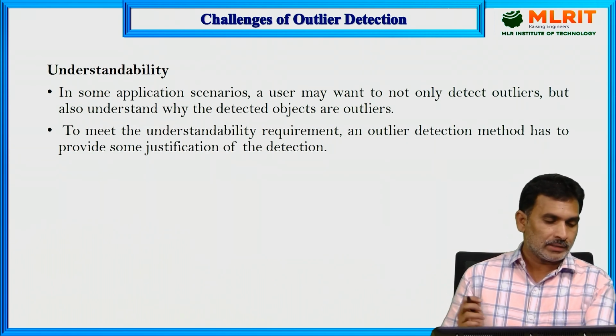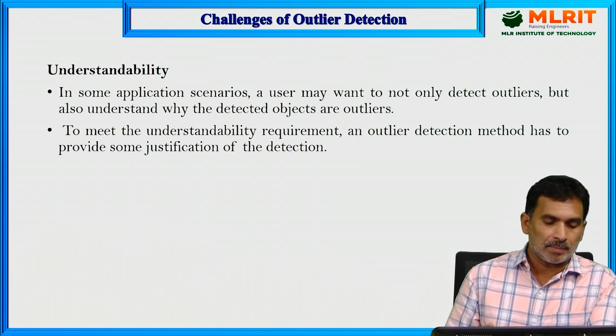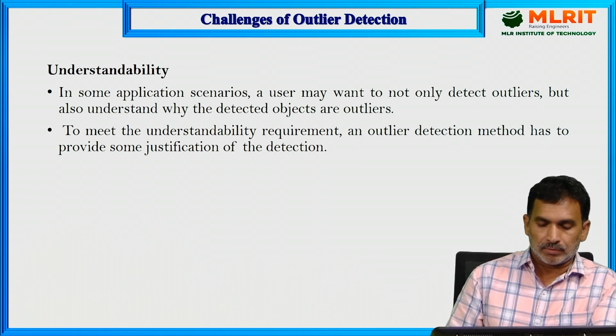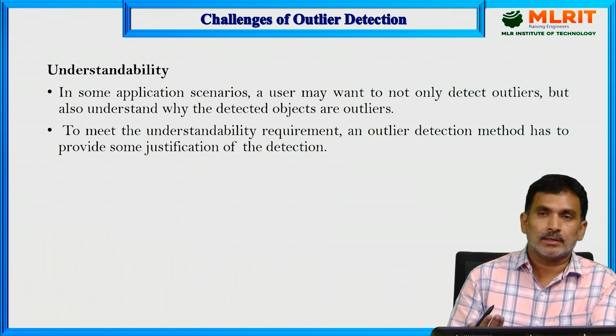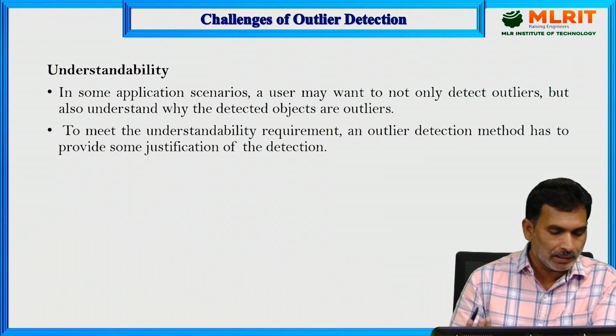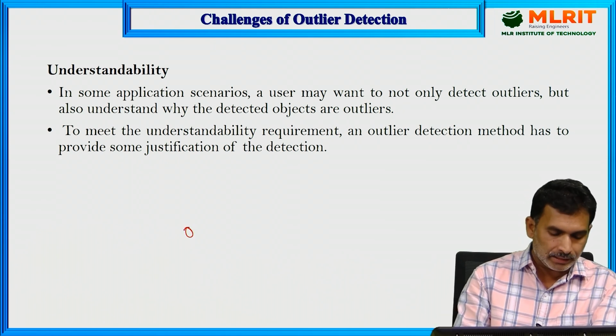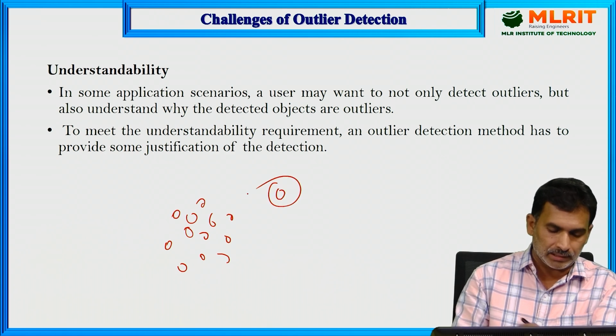Next, the challenge is understandability. In some application scenarios, a user may want to not only detect the outliers but also understand why the detected objects are outliers. We cannot simply plot the data and label a data object as an outlier because it is deviating; we need to understand why.